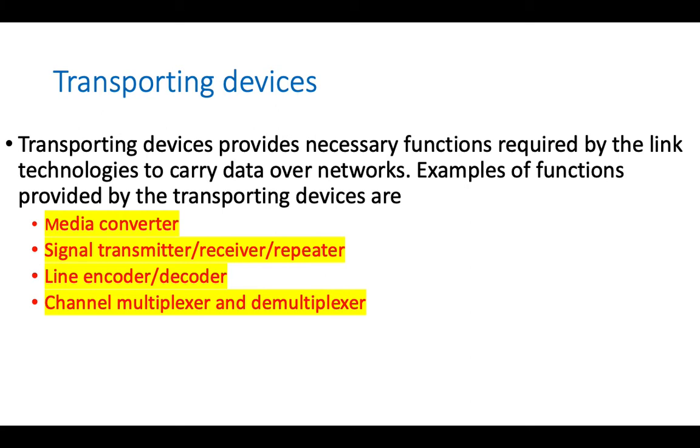Transmitting the signal, you may understand that much more in terms of wireless. When you transmit, receive, or repeat a signal, you may be familiar with that in terms of wireless.